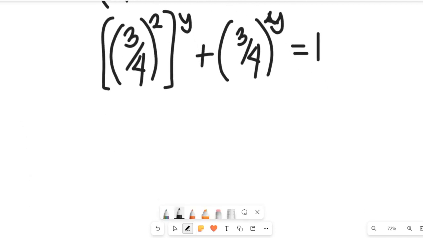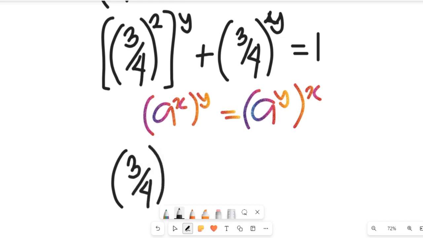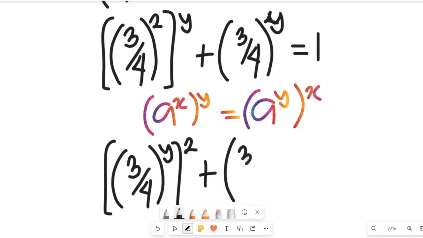So we are going to apply a law of indices: if you have a to the power of x, all to the power of y, it can be equal to a to the power of y, all to the power of x, reverse exponent. So we are going to have 3 divided by 4 to the power of y, all to the power of 2, plus 3 divided by 4 all to the power of y, equal to 1.